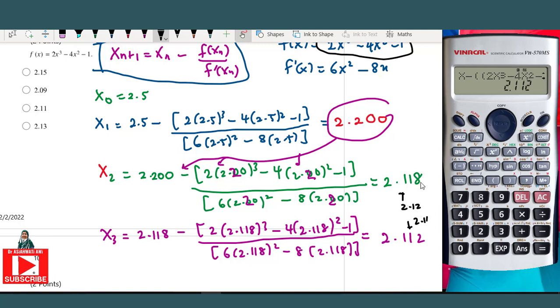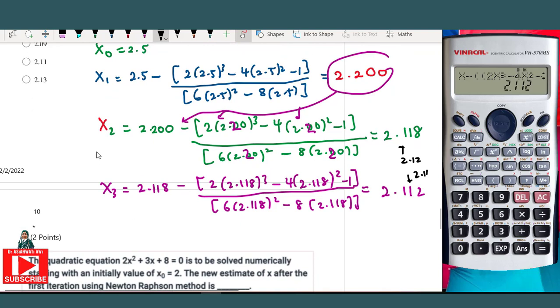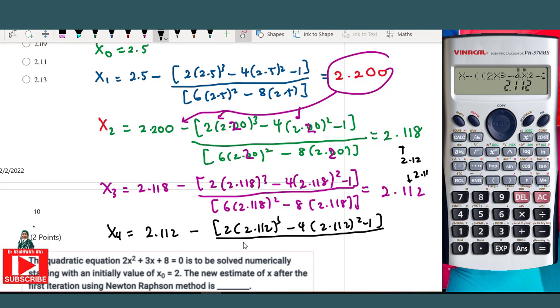Next step, x4. So we use this value 2.112 cubed minus 4 times 2.112 squared minus 1 over 6 times 2.112 squared minus 8 times 2.112, and hit the button calc.